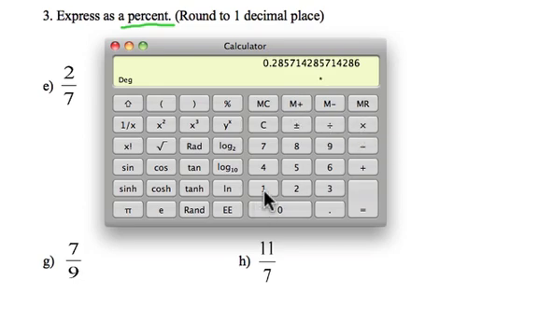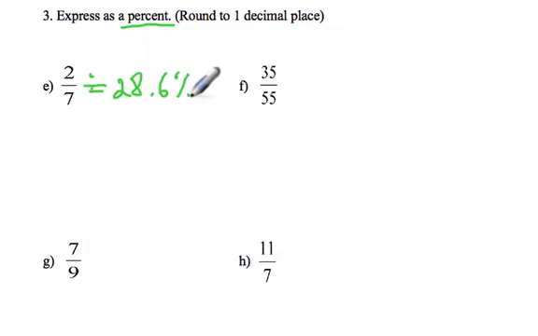So times 100 equals 28.571, and so forth. We're asked to round to 1 decimal place. So we're looking at the neighbor to the right, which is 7, and that tells us that we are going to round up. The answer will be 28.6%.